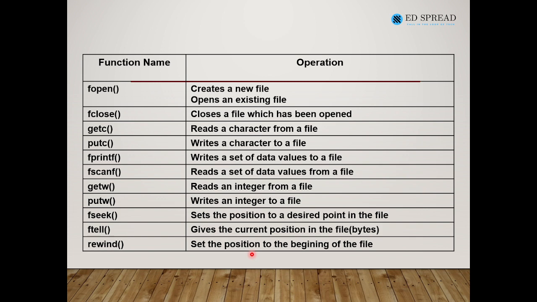The first word is reading a character from the file. Now what is reading? For example, if you have downloaded a file from your mail or from WhatsApp Web, as soon as you download it and open that file in the Microsoft operating system, you will not be able to edit it.